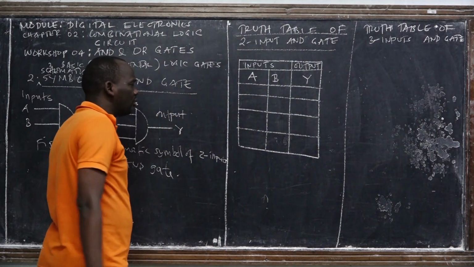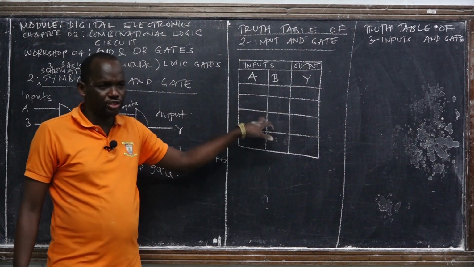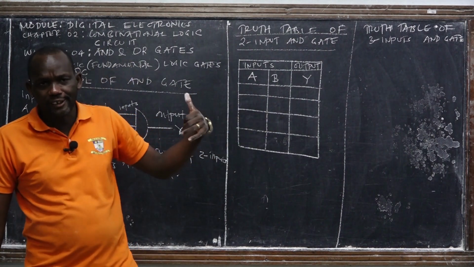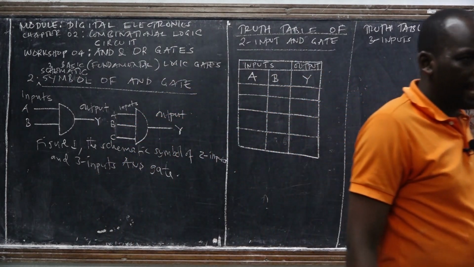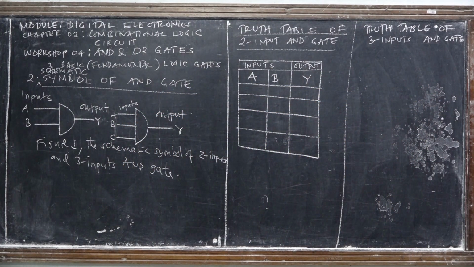Remember that we are writing the binary inputs by representing the actual voltages. Also remember that when you write those binary inputs, they are the possible combinations we might get in that particular logic gate.